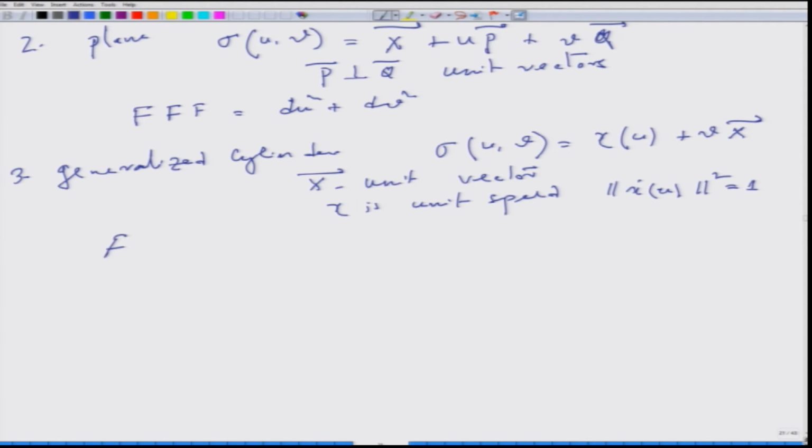If you calculate the FFF here, you will get again du square plus dv square. So, the plane and the cylinder have the same fundamental form. It signifies something geometrically, and I will try to recall for you what we did in one of the examples.